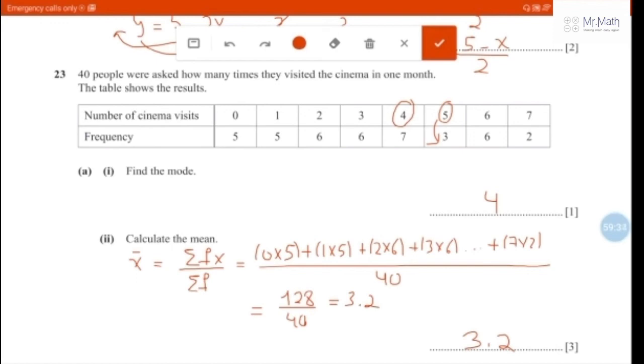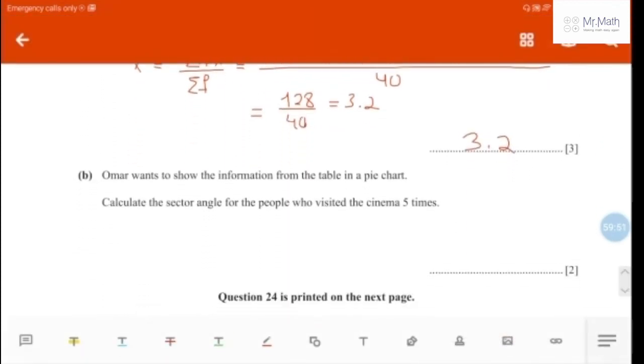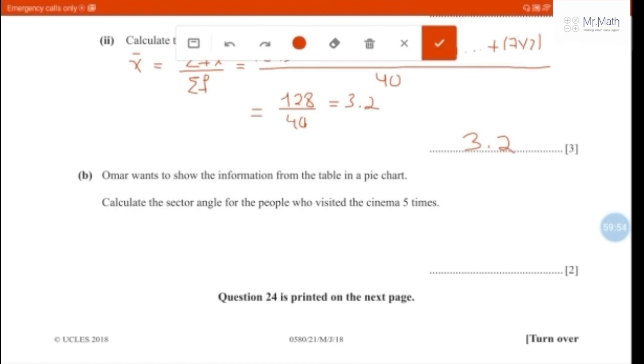So to convert this number to an angle, I divide 3 by the total frequency, which is 40, and I multiply it by 360 degrees, which is the full turn angle. So I have to find how much this number 3 constitutes out of the total frequencies.